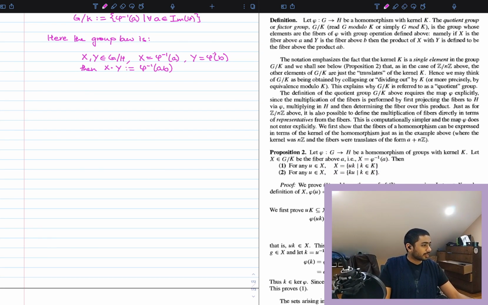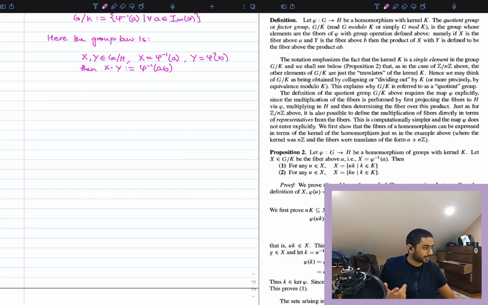Alright. The definition of a quotient group requires this map explicitly. We show that the fibers of a homomorphism can be expressed in terms of the kernel of the homomorphism. So knowing the kernel is enough to reconstruct what the homomorphism is.